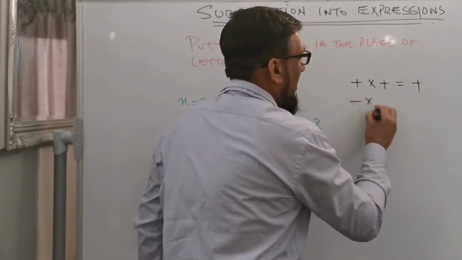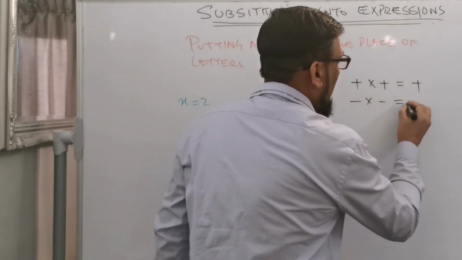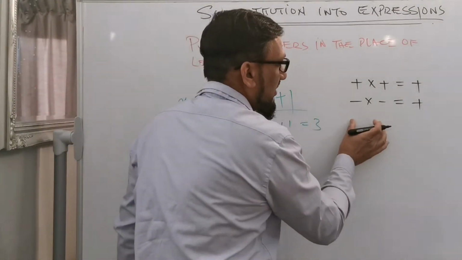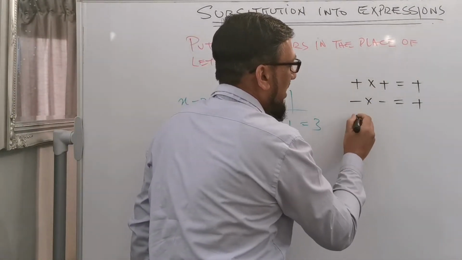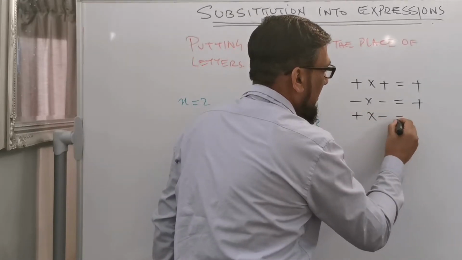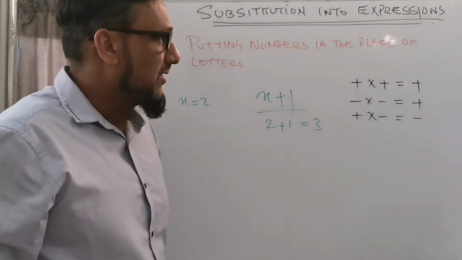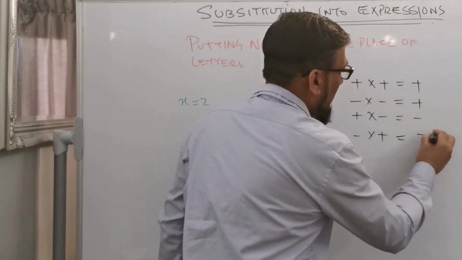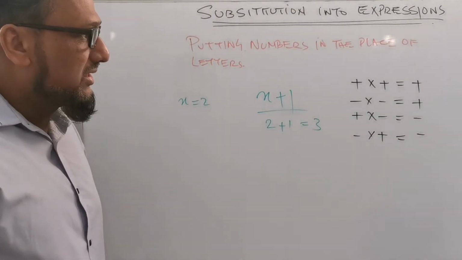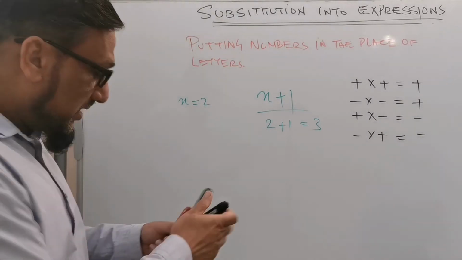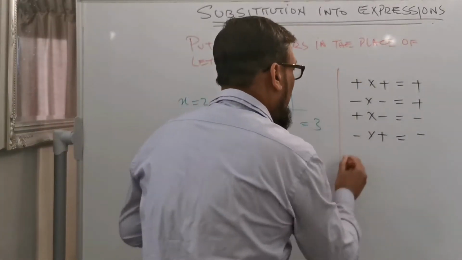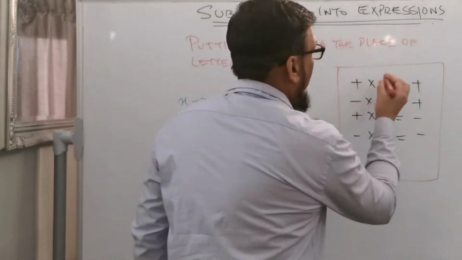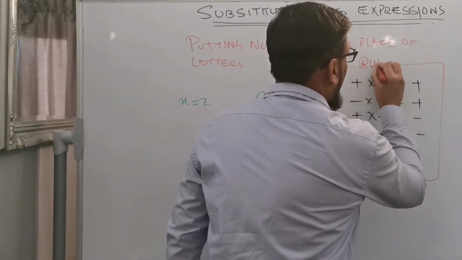If you times plus by minus, the answer will be minus. Minus times plus, the answer will be negative or minus. This is very important, especially when you are solving an expression.